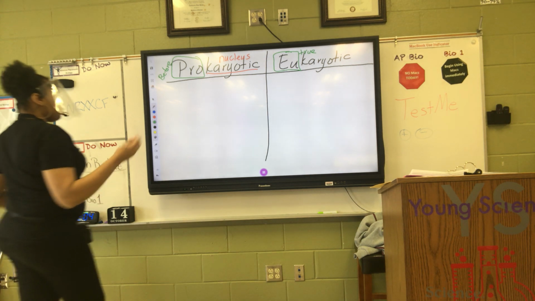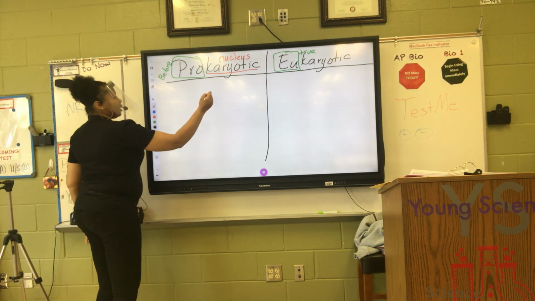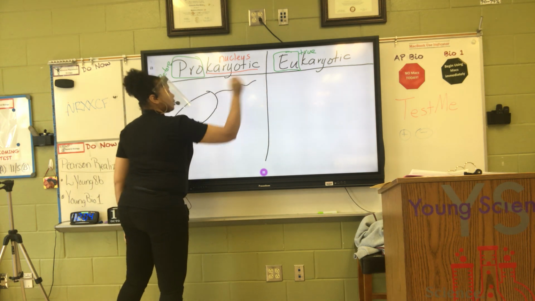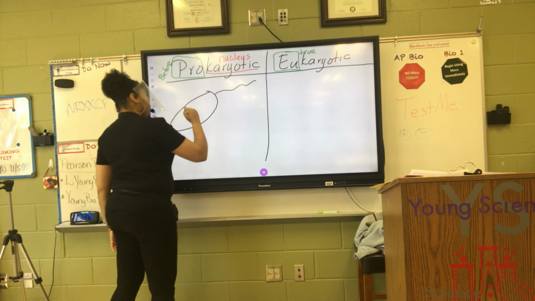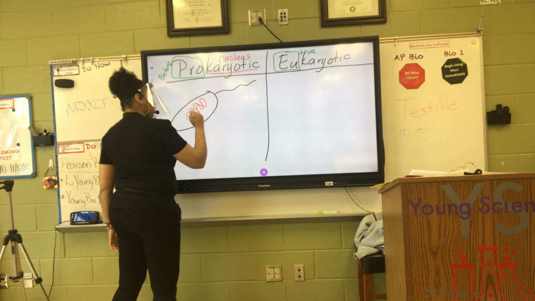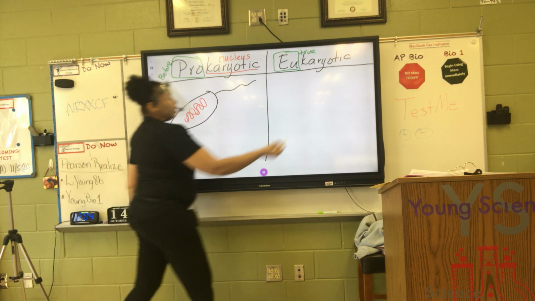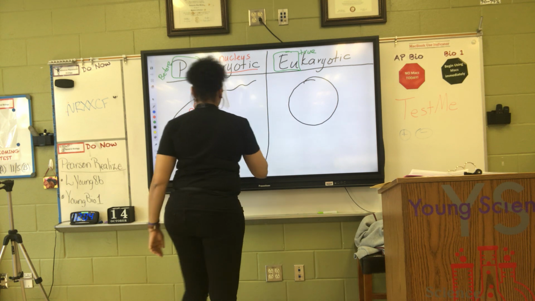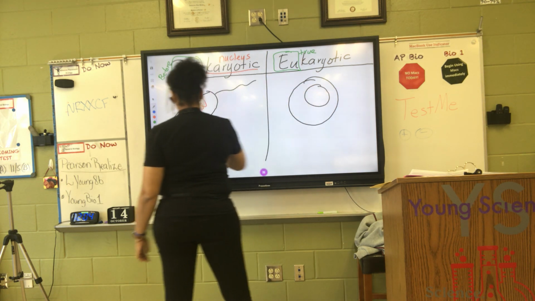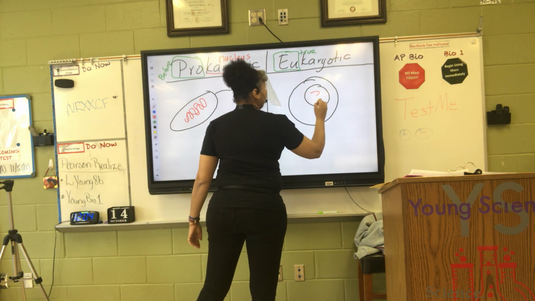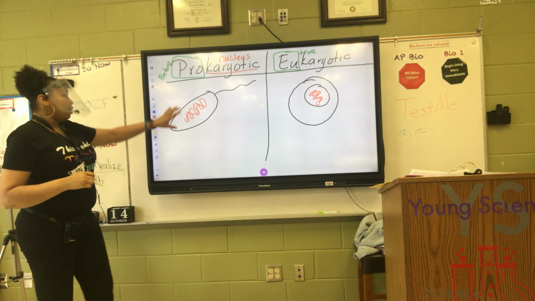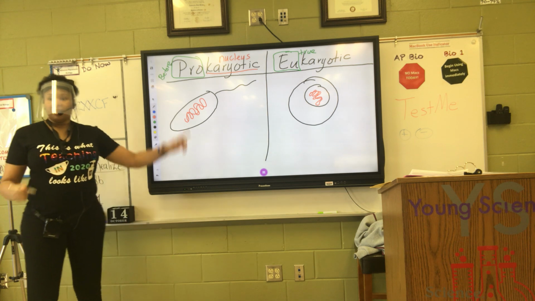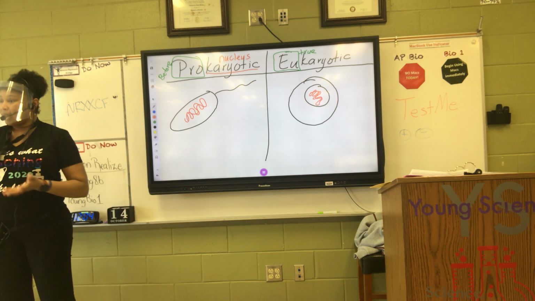And the reason we say true nucleus is because when we think about a prokaryotic cell, because you know prokaryotic cells are bacteria, what we care about is the location of the genetic material, the location of DNA. So when we evaluate one of the differences between a prokaryotic and a eukaryotic cell, we're looking at the location of that genetic material or that DNA. Now, in a prokaryotic cell, the DNA is simply lying in the cytoplasm.